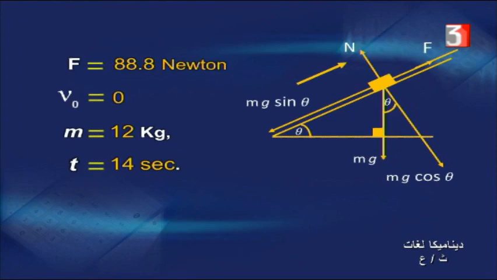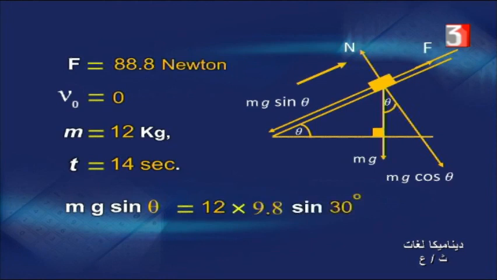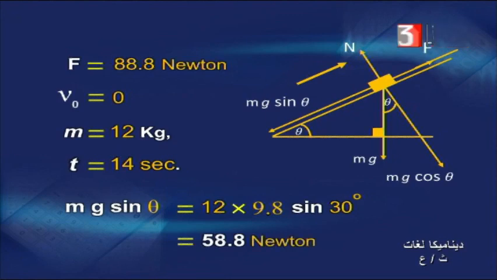Then mg sine theta equals 12 times 9.8 sine 30 equals 58.8 Newton. Now we have the magnitude of the force is 88.8 Newton, and the magnitude of the component mg sine theta equals 58.8 Newton.